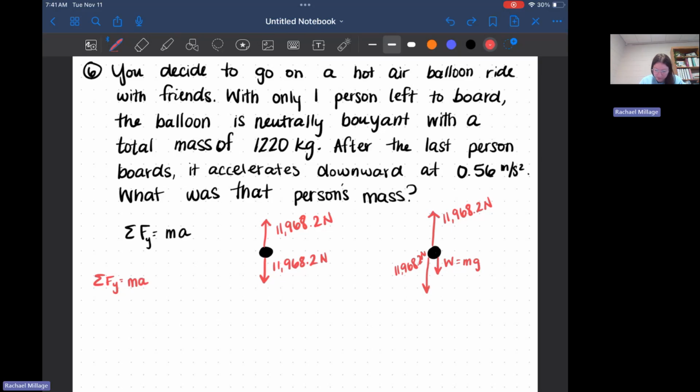The sum of all of my forces in the y direction, we also know, is going to be a negative mass of the person times gravity. This would be total mass times acceleration.